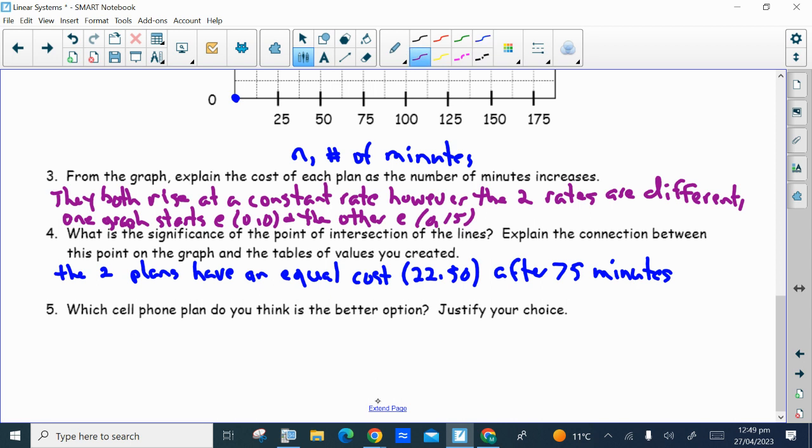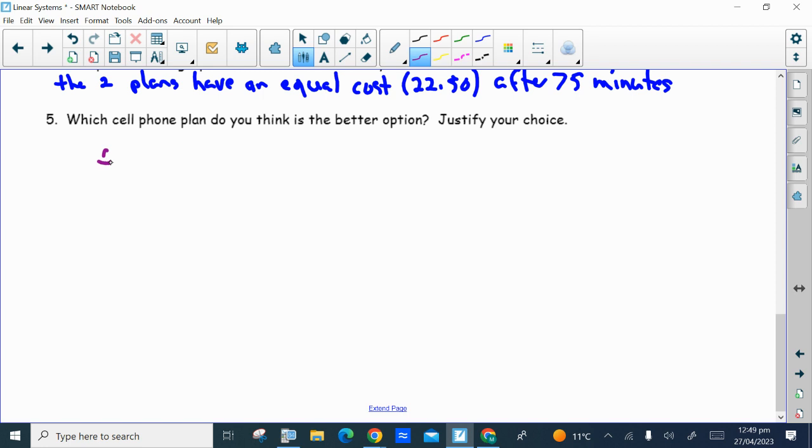So which cell phone plan is a better option? If you use less than 75 minutes, plan A is best.